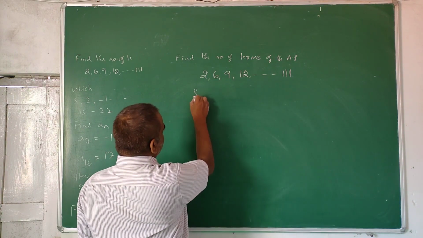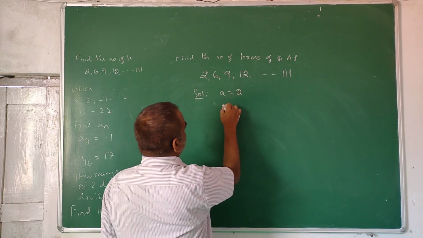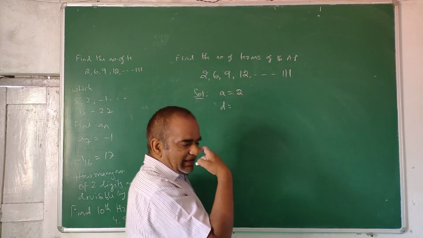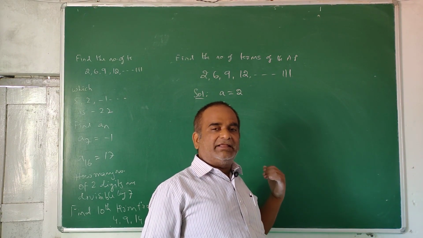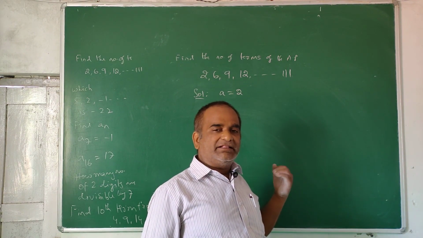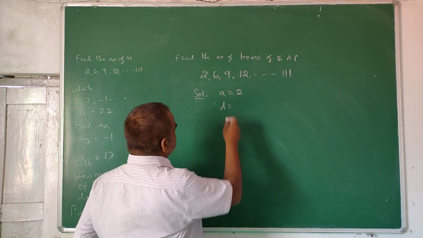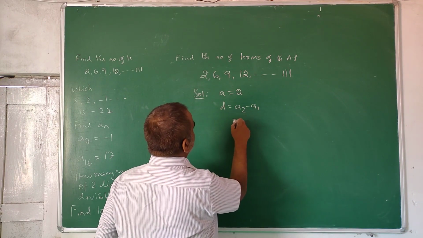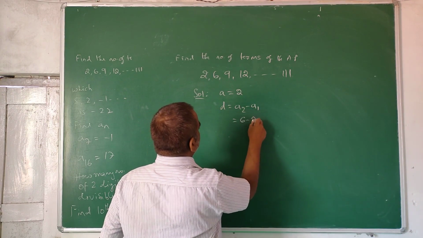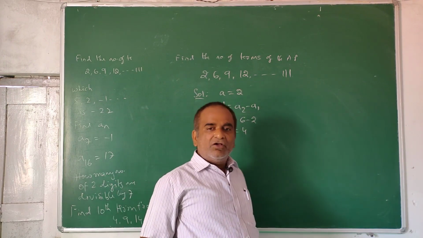So as a part of the solution, first collect the A value and the D value. How do you get D? By subtracting the first term from the second term, or by subtracting the second term from the third term, like this. So I am doing A2 minus A1, second term minus first term, which is 6 minus 2, which is 4. So D is equal to 4.